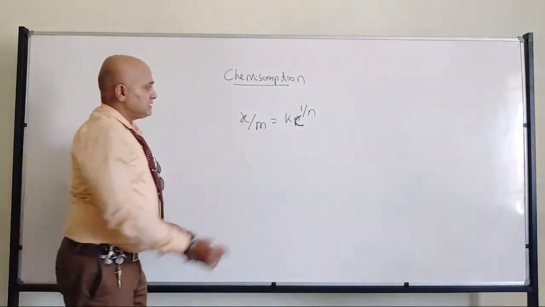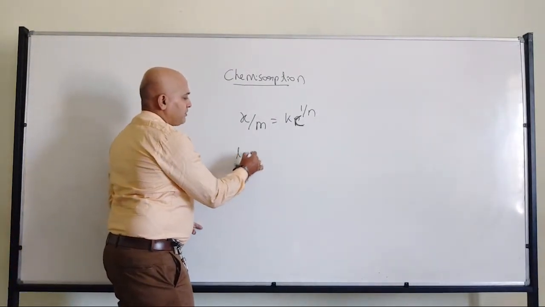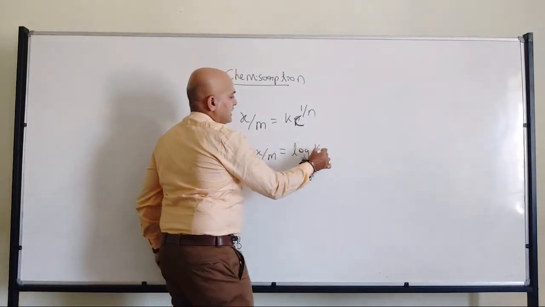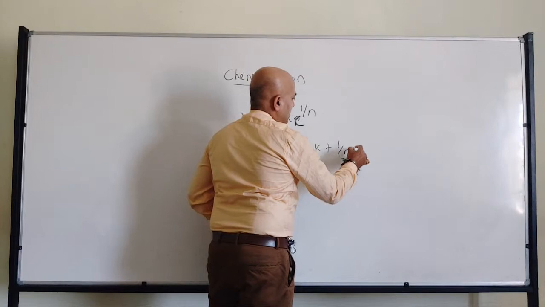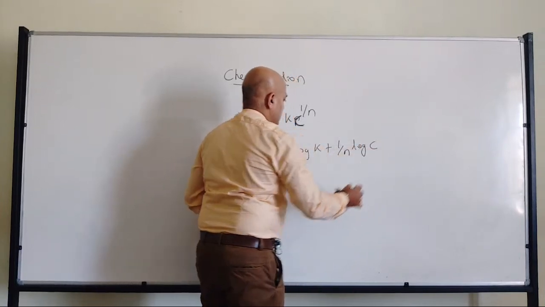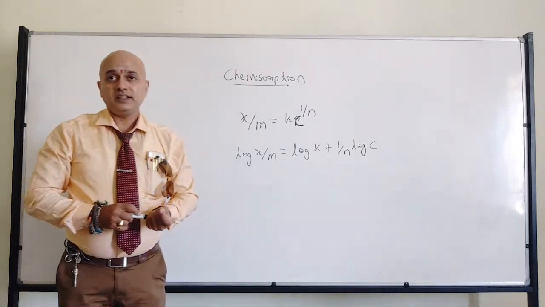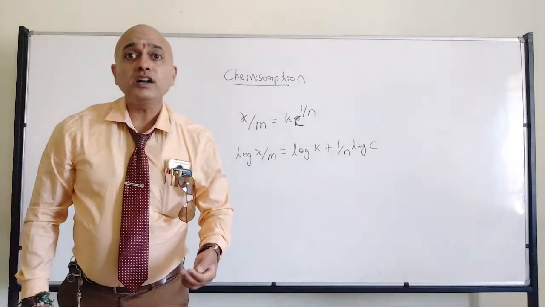Same thing. Now, here log of x by m is equal to log of k plus 1 by n log of C. What is C here? C is nothing but concentration.